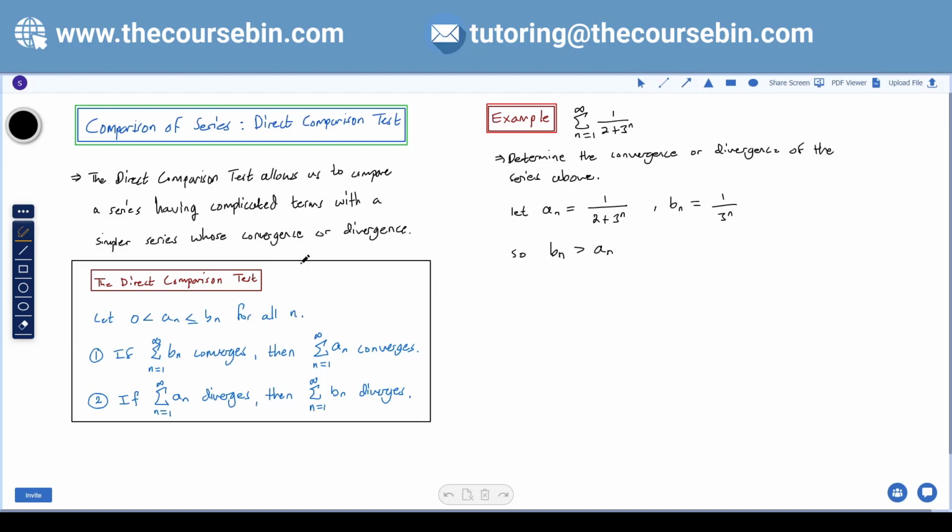So now we need to show that b sub n converges. We can see that the sum from n equals 1 to infinity of b sub n, which is 1 over 3 to the power of n, is a geometric series.